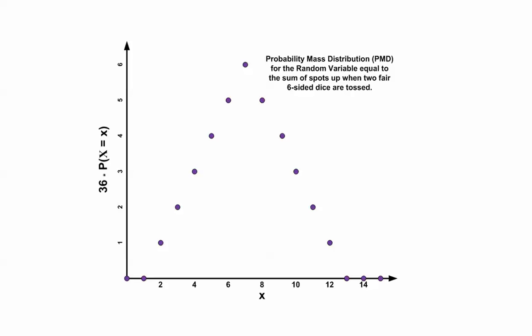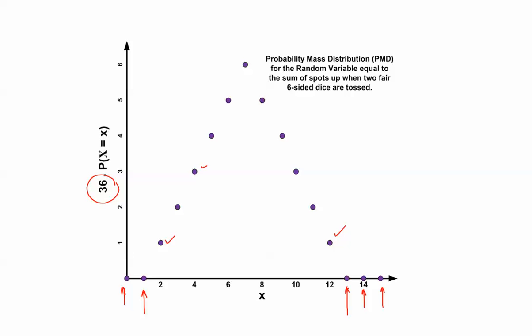There is exactly one way out of 36 to get 2 spots up. There's exactly 3 ways of getting 4 spots up. There's exactly 1 way of getting 12 spots up. You'll notice that it is impossible to get 13 spots, 14 spots, 15 spots, 1 spot. I can't toss 2 fair dice and get 1 total spot up. I can't get 0 either. And by the way, you'll notice that on the vertical scale, my probability is multiplied by 36.